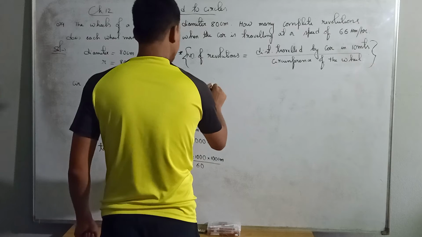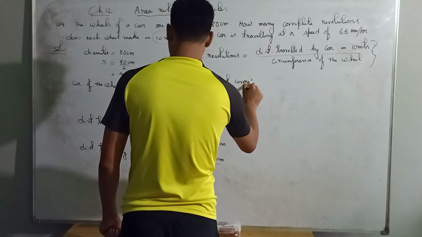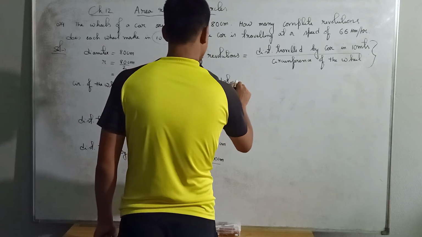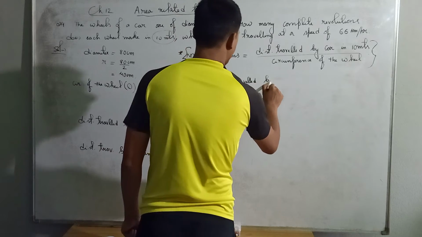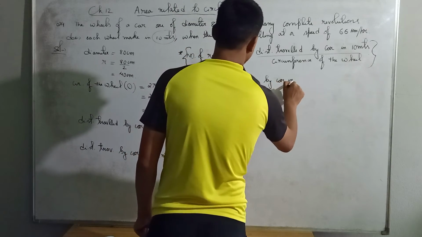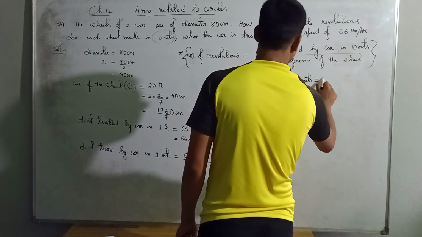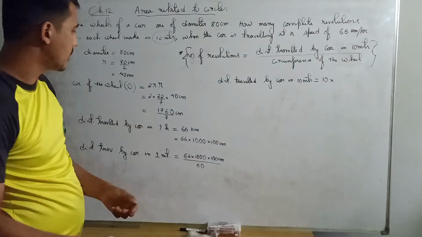Therefore, the distance traveled by the car in 10 minutes means 10 times the distance covered in 1 minute.